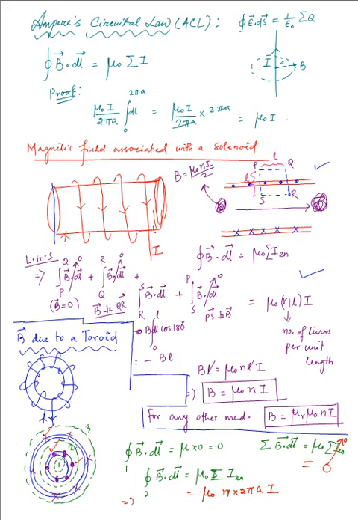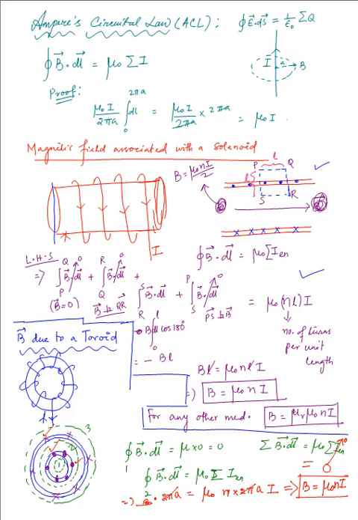In the left hand side we have B dot dl. Now B and dl, they are going along the same direction. So B dot dl is going to be integrated over that entire length, so that is 2 pi a as well. So finally what we are getting is, the 2 pi a's cancel out each other, and the magnetic field therefore B is equal to mu naught times n times I, which is the same as that obtained in case of the solenoid.